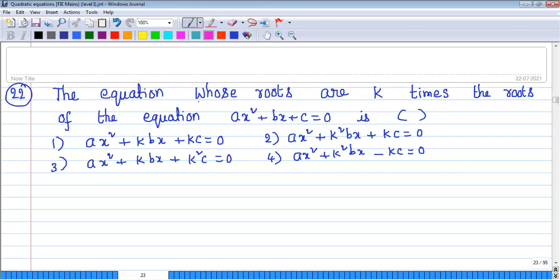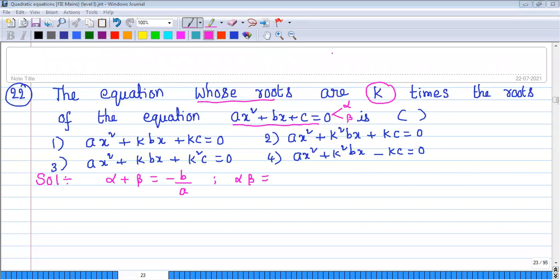The equation whose roots are k times the roots of ax square plus bx plus c is equal to 0. Suppose the roots of ax square plus bx plus c is equal to 0 are alpha comma beta. Find the equation whose roots are k alpha comma k beta. That we need to find out. Since alpha comma beta are the roots of this equation, we have alpha plus beta is equal to minus b upon a, alpha beta is equal to c upon a.